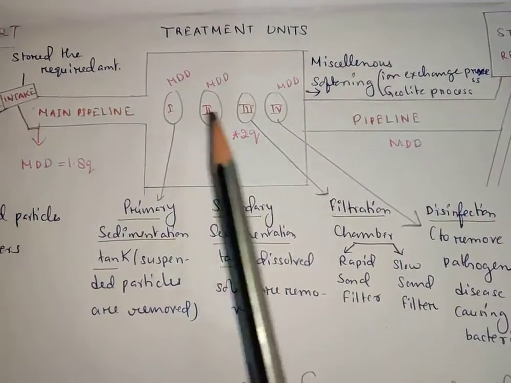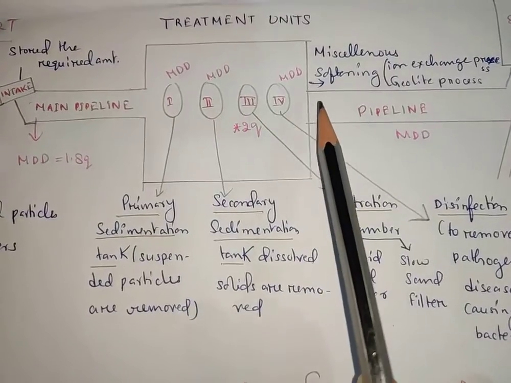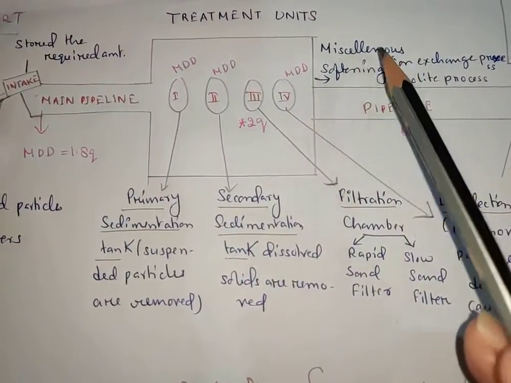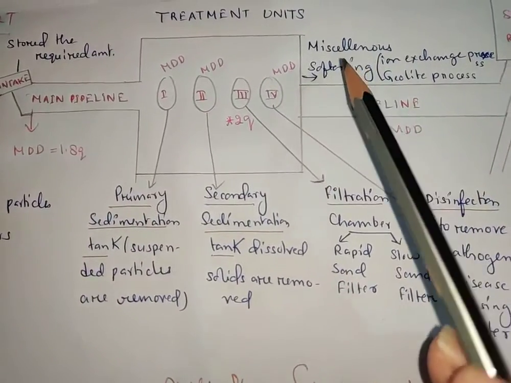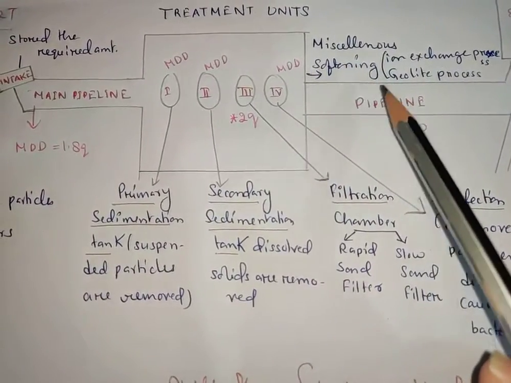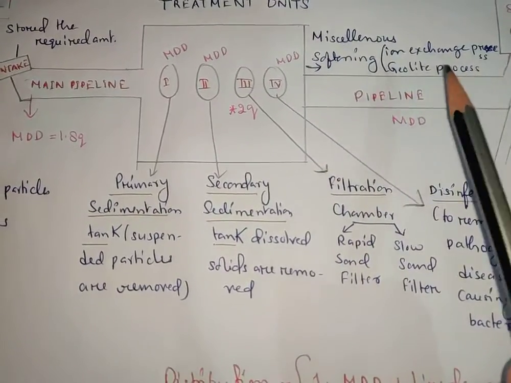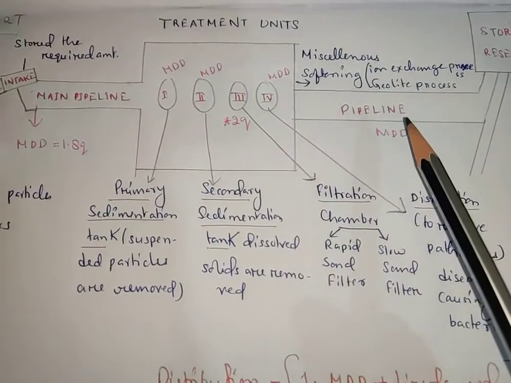After these 4 processes are completed, the water is further treated for softening, which can be done using either the ion exchange process or the zeolite process.